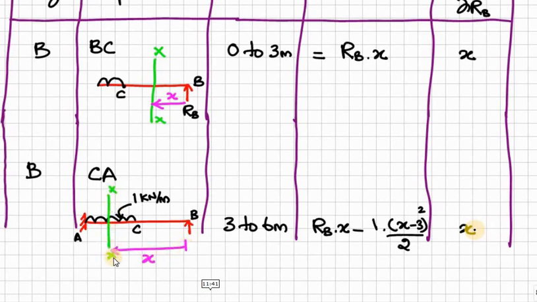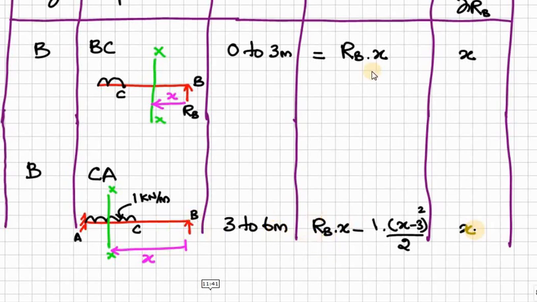The section XX, okay, we put in the span CA or AC. Therefore, the limit of the span CA is from here to here, but we are measuring from B. Therefore, here to here is 3 meter. Therefore, our span CA starts at 3 meter up to 6 meter. So 3 to 6. Okay.